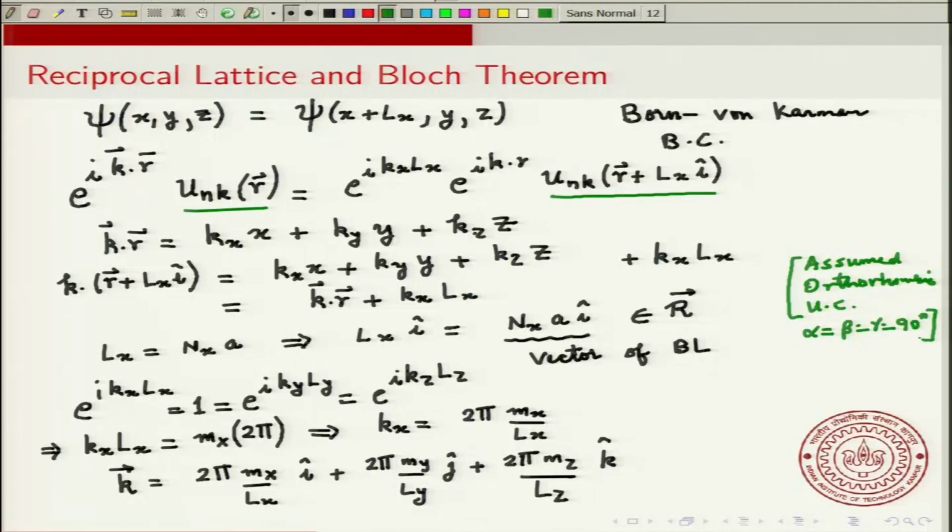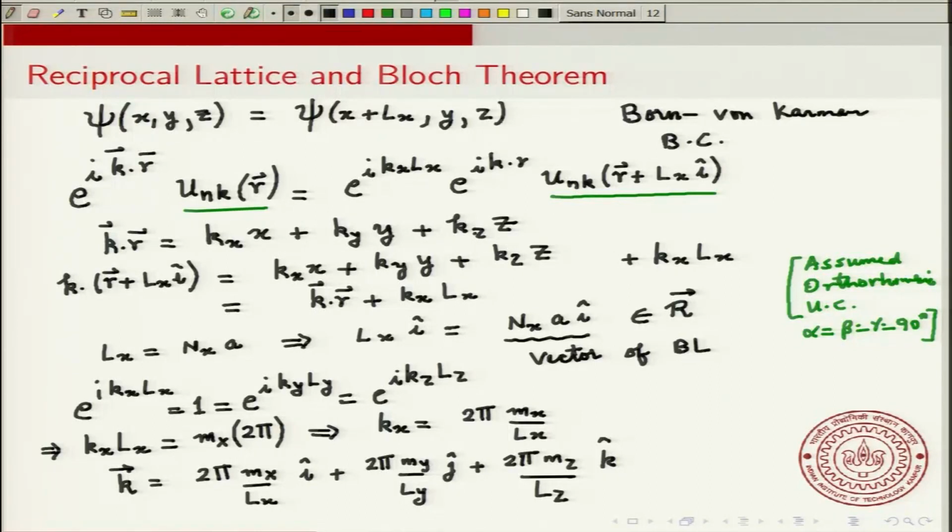This just makes the calculations easy, I can talk in terms of unit vectors i, j, k. Now what it says is that your k has to satisfy this kind of relation. So this is an important result. And if I replace L by nx a, then I can also write this in terms of mx by nx and so on. I won't bother doing that, but basically we can see that something like this should be true.